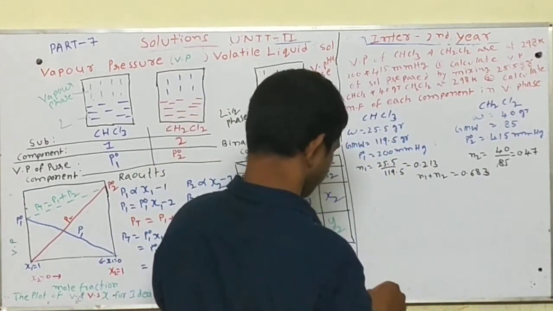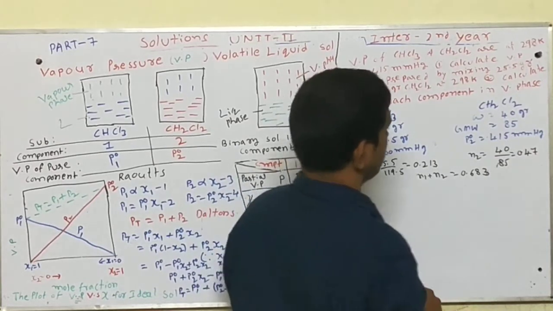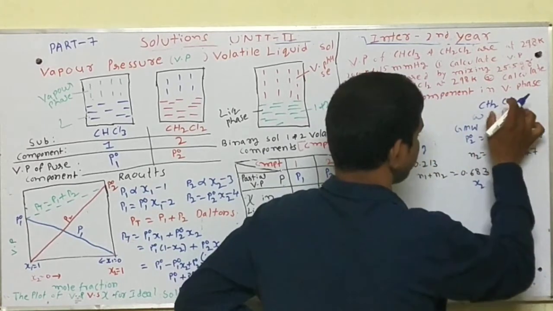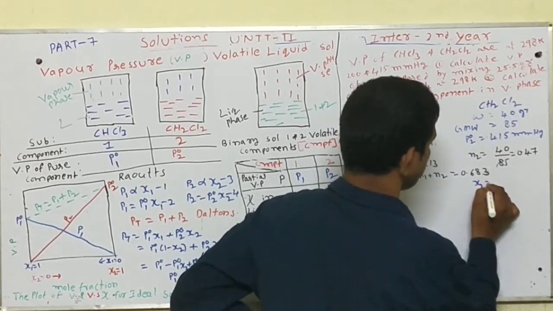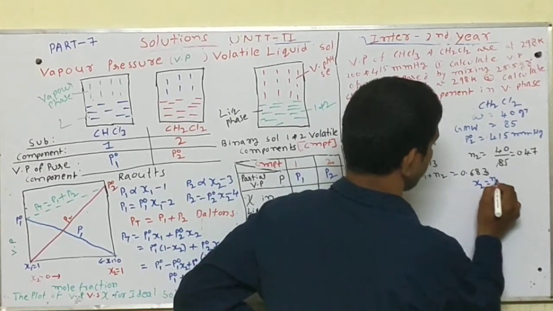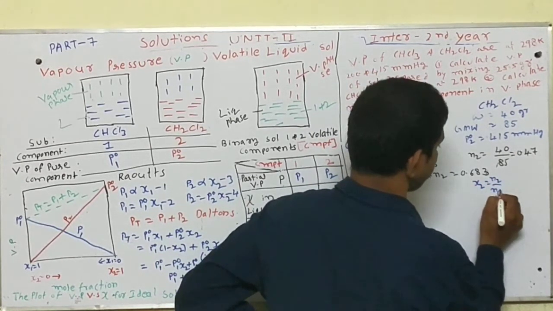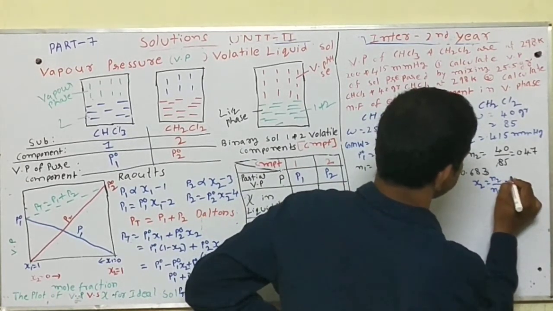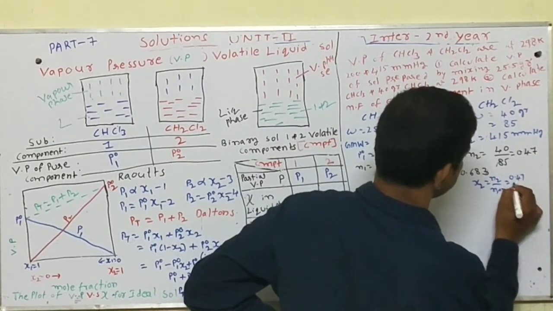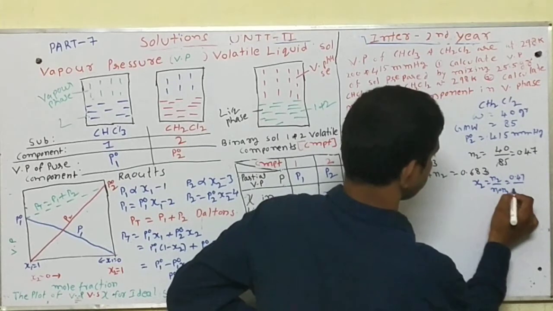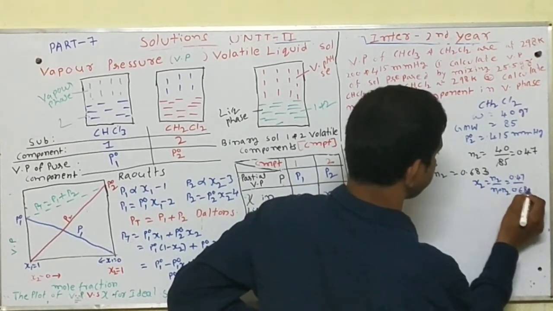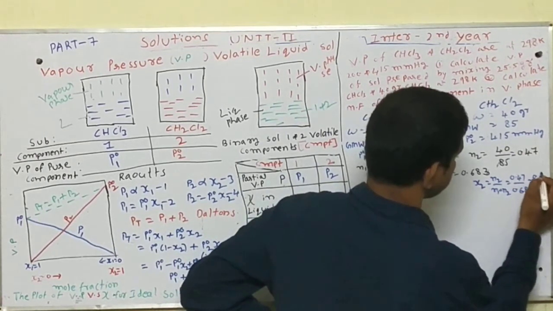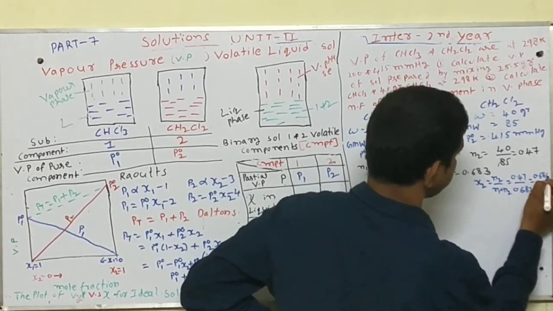Now the mole fraction x2, that is the mole fraction of dichloromethane, is equal to N2 by N1 plus N2, that is 0.47 by a total of 0.683. On simplification we get 0.688.